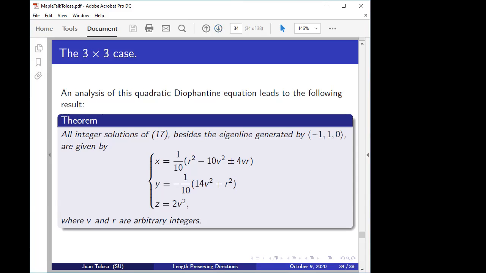First of all, there is one solution line, negative 1, 1, 0, that corresponds to an eigenvalue in absolute value equal to 1, and all the other non-zero solutions in general are given by this parametric expression where V and R are arbitrary integers.